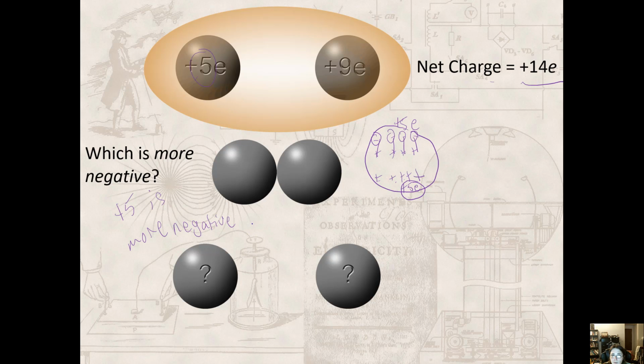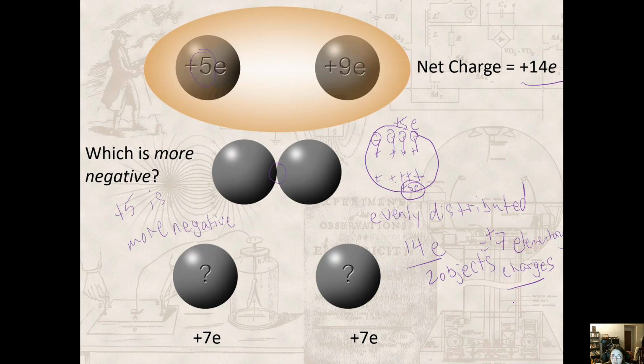Okay, so what happens is that when they touch, the charges become evenly distributed among the two objects. So it's 14e divided by 2 objects, which equals 7 elementary charges per object.